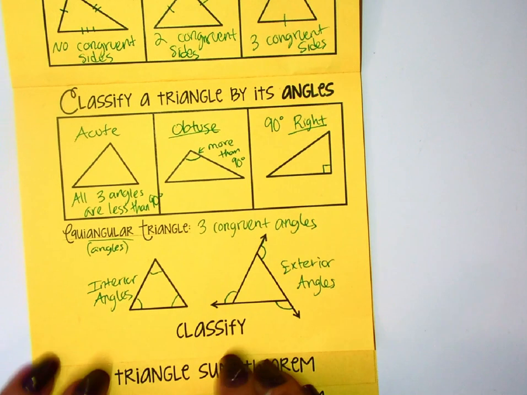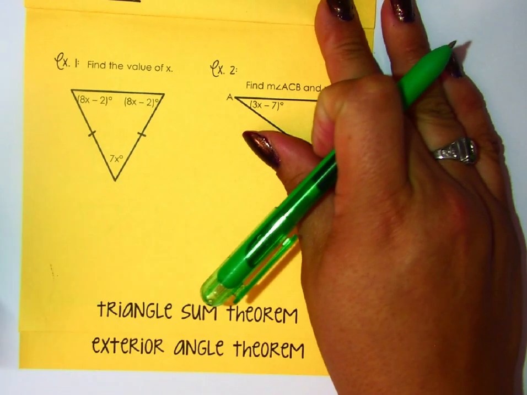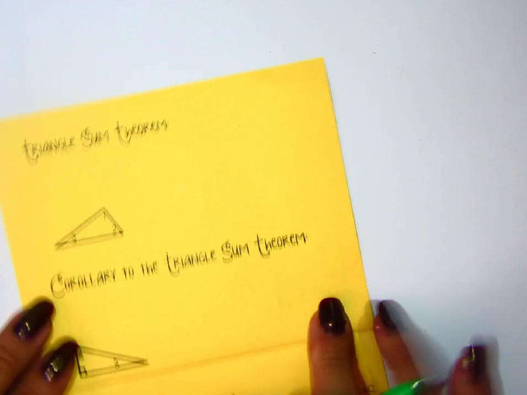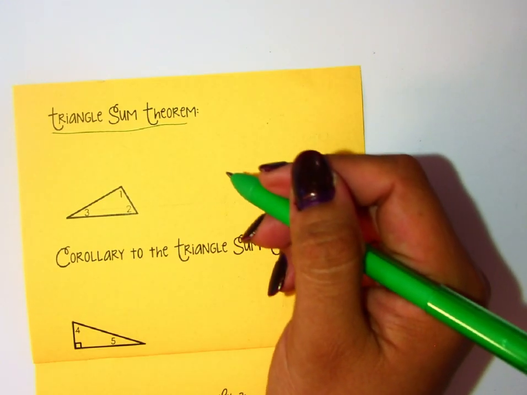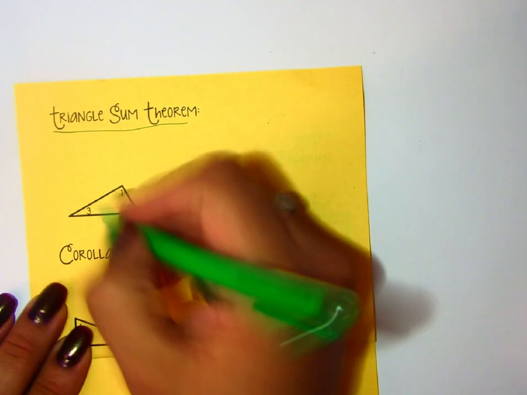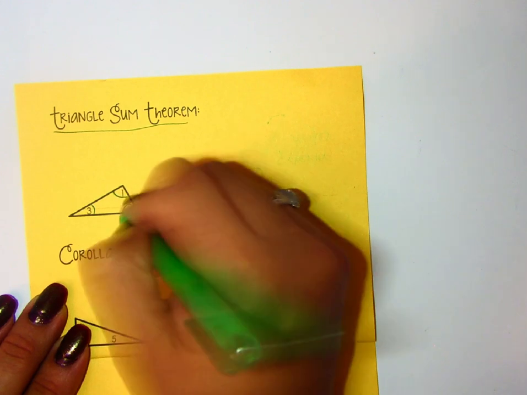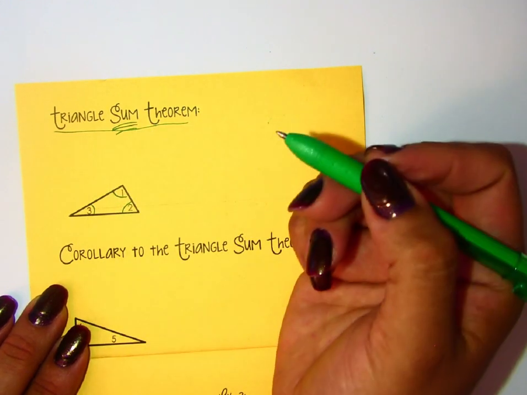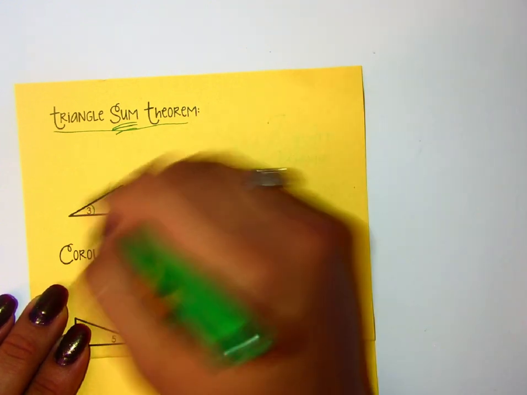All right, so then that leads us to now talking about the theorems that we are going to practice here. The triangle sum theorem, it's pretty much a rule, a statement that says that the angles on the inside of a triangle can be added, so that's the word sum, and they will all equal 180 degrees.